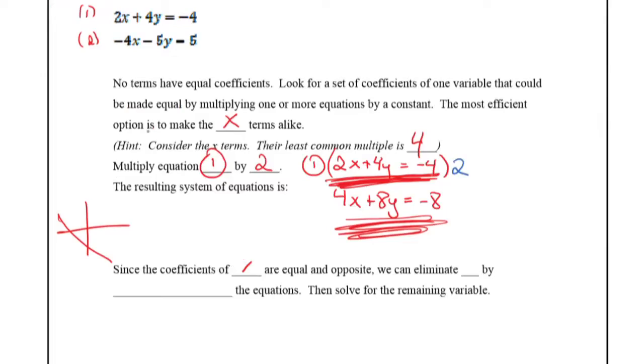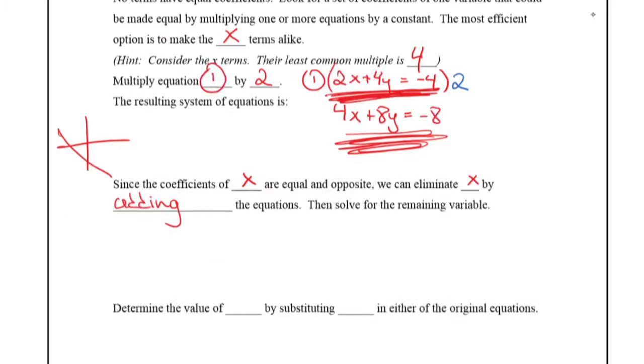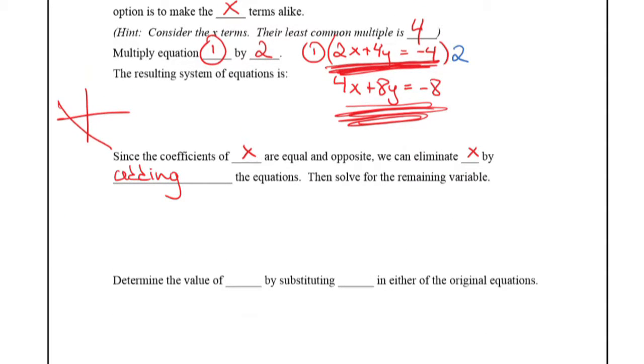All right, since the coefficients of x are equal and opposite, we can eliminate x by adding the equations. Then solve for the remaining variable. So I'm going to take my modified equation number 1.